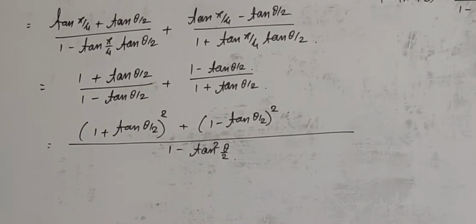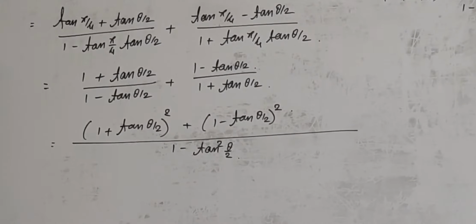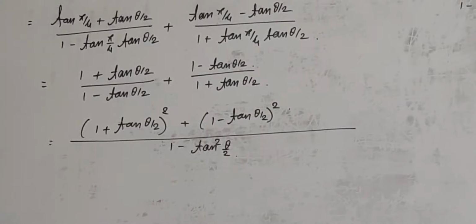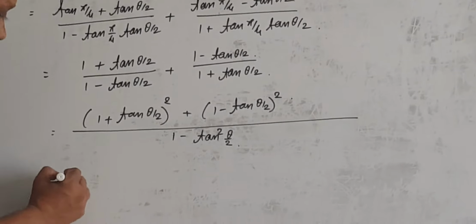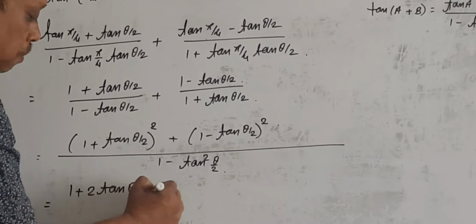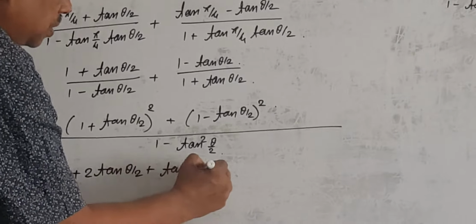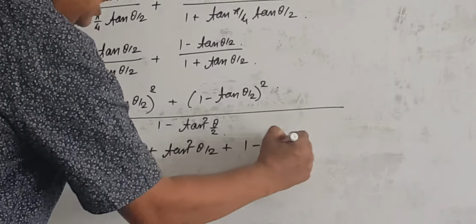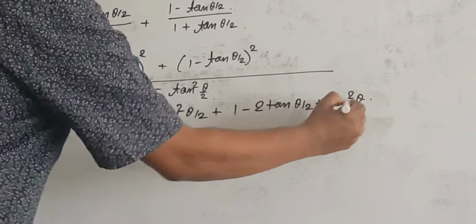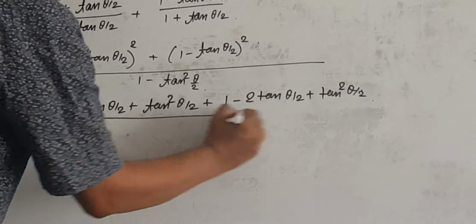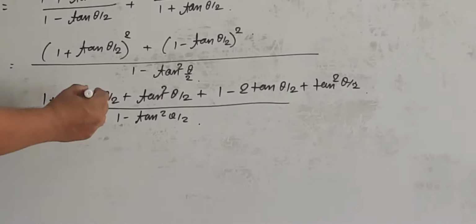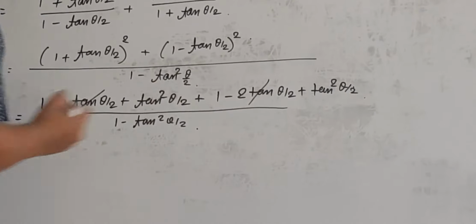Here we expand (a + b) whole square, that is a square plus 2ab plus b square, and (a − b) whole square, that is a square minus 2ab plus b square. Then it becomes 1 + 2 tan theta/2 + tan square theta/2, and 1 − 2 tan theta/2 + tan square theta/2. The denominator is as it is, 1 − tan square theta/2.